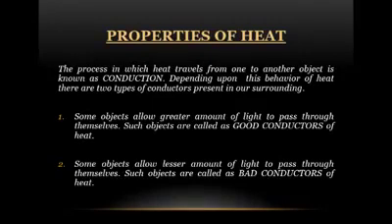What are they? Number one, some objects allow a high amount of heat to pass through. It is called a good conductor of heat. And some objects allow less heat to pass through, called a bad conductor of heat.